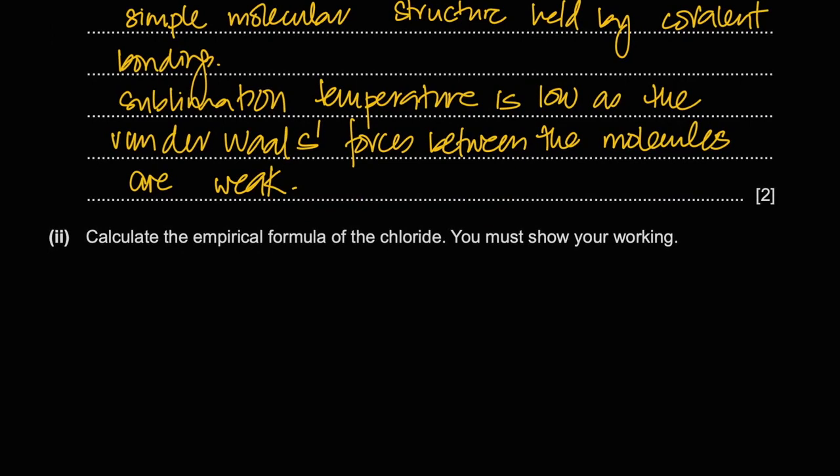Then it wants to find the empirical formula of this chloride. For that, you have to know that it's aluminum and chlorine, and you have been given the ratio of their masses. What is the ratio of masses given? They told you that it's 79.7% chlorine, which means that it is only 20.3% aluminum, because total percentage has to be 100.